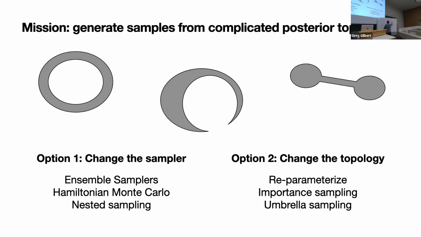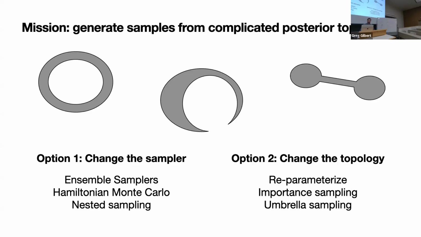You can also have a complicated topology like the egg box topology. You've got these four isolated modes. Essentially, anything that looks less like a circle is complicated. You could even imagine something that, I don't know what would cause that, but that would be really hard to sample from. Cool.